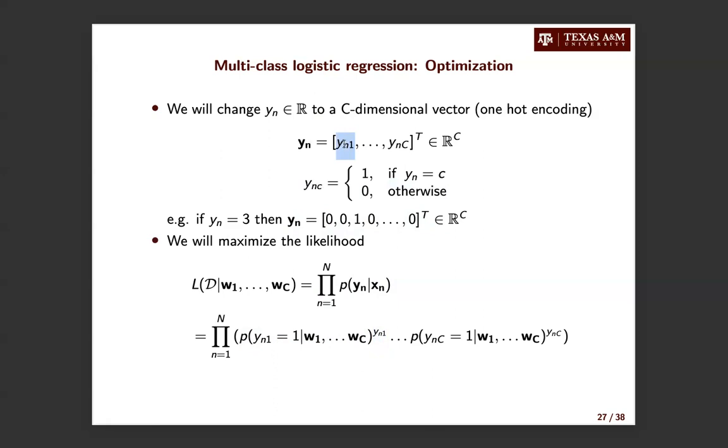So if we have a sample xn that belongs to the first class, this yn1 will be 1, and all the rest here will be 0. Therefore, this thing here will be just the probability of observing yn1, and all the other products will be equal to 1, because all the other exponents will be equal to 0. And similarly for all the other classes.